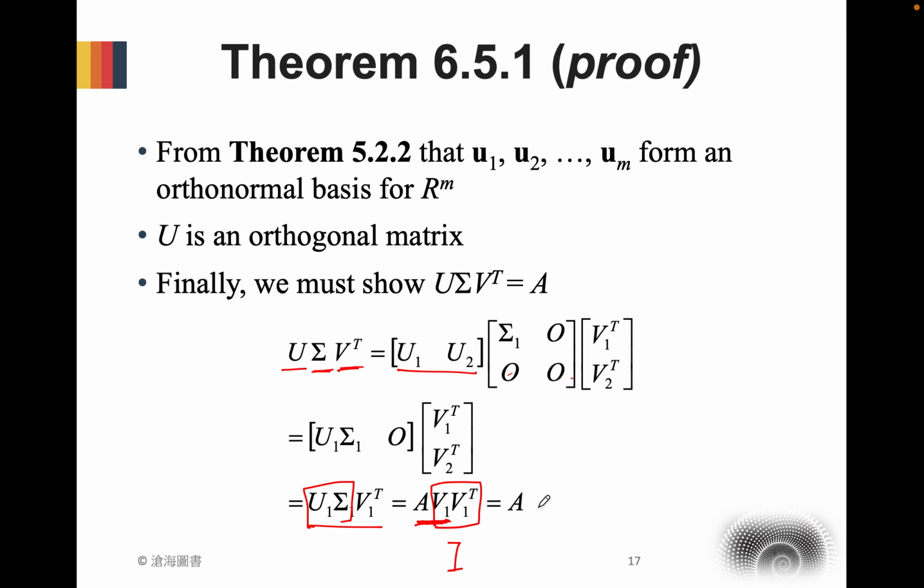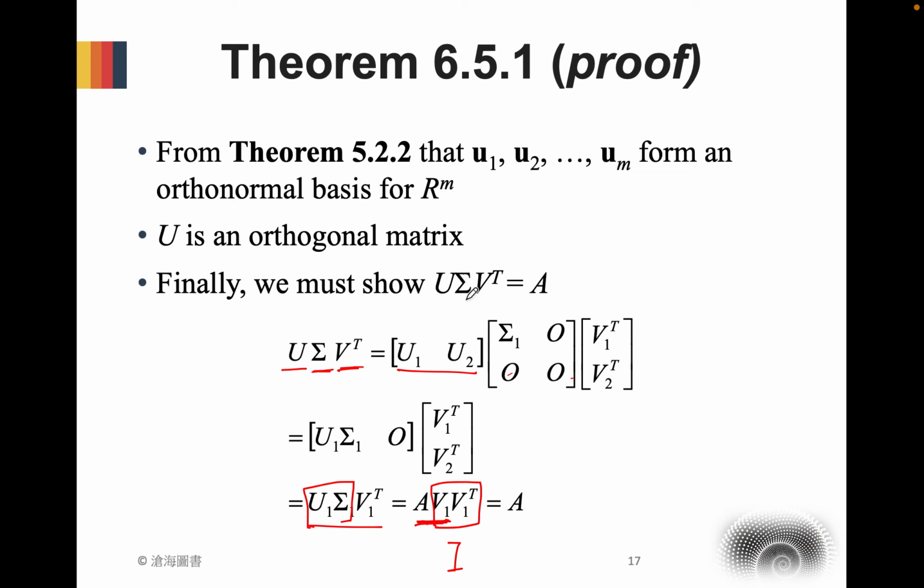Okay, so this is very complex, right? So let me recall this again. What is V? V is the collection of the eigenvectors of A transpose A. What is sigma?